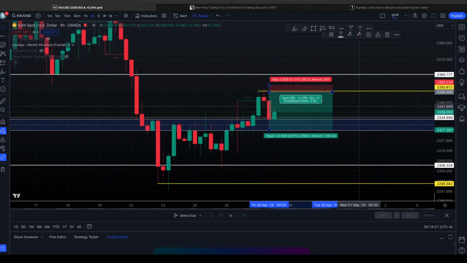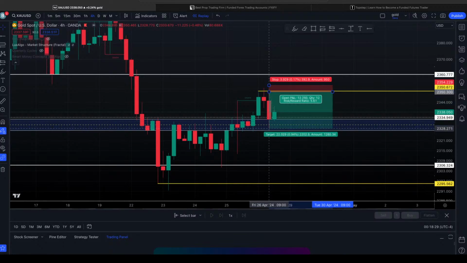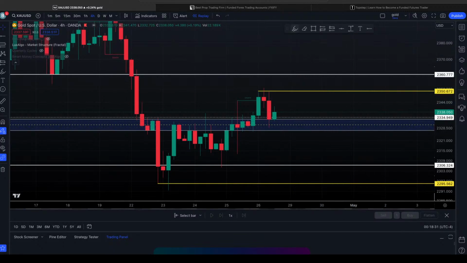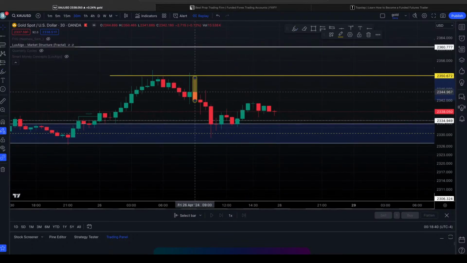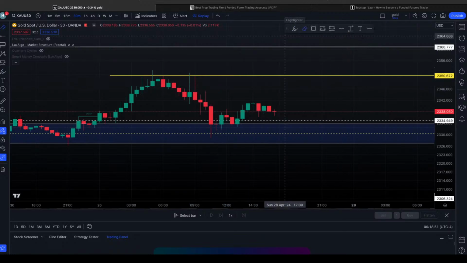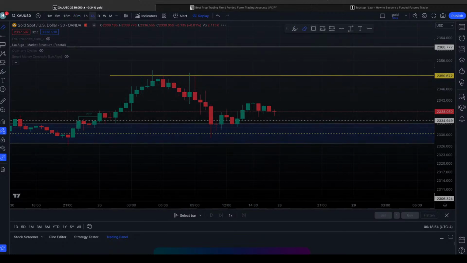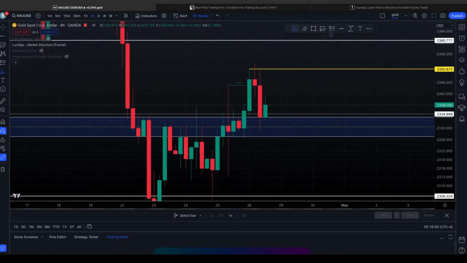It ended up going 220 pips, but I moved my stop a little too early, because it also went up when I was on the smaller time frame. This wick right here took me out when I moved my stops to break even. But that's what I was saying: at that specific time is when usually a big move happens.